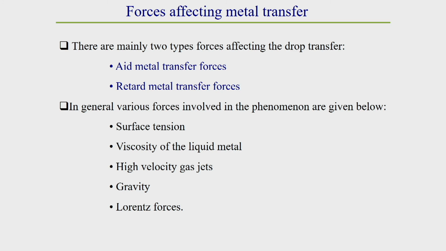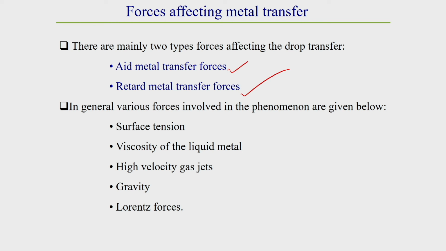So, generally there are mainly two types of forces affecting the drop transfer. One is called aid metal transfer forces, another one is called retard metal transfer forces. What are aid metal transfer forces and retard metal transfer forces?